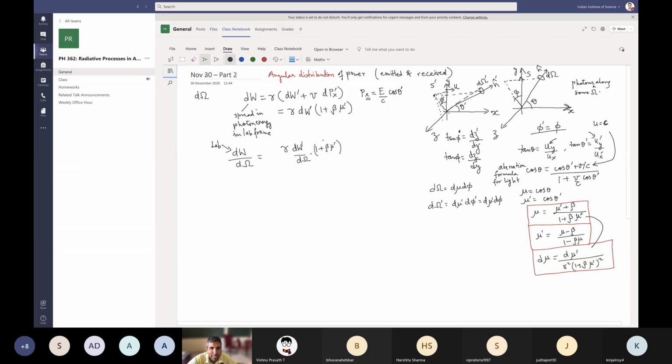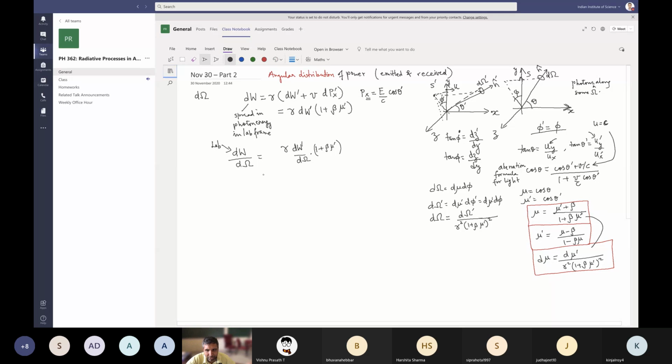Okay, but we know that d omega is equal to d mu d phi. This is equal to d omega prime times gamma squared times (1 plus beta mu prime) squared. Is this clear? For the last equation that I wrote, I just substituted d mu equals d mu prime by gamma squared times (1 plus beta mu prime) squared, and I used the fact that d mu prime d phi prime is equal to d omega prime.